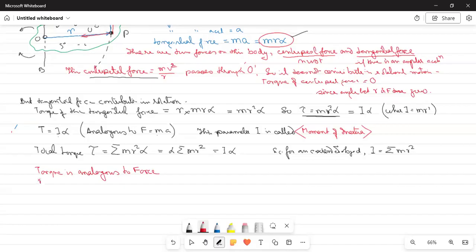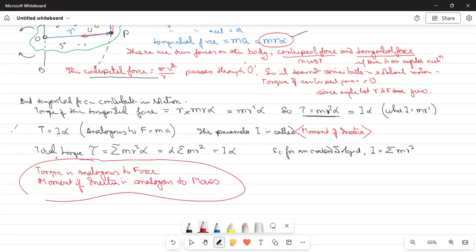If you remember this, and if you have properly learned your lessons of linear motion, you will find you can very easily solve all the problems of circular motion or rotational motion also.